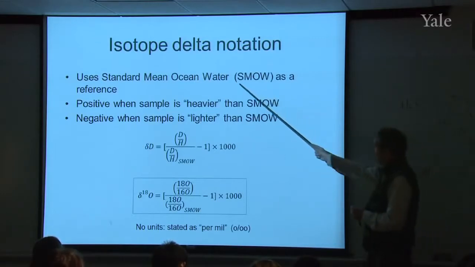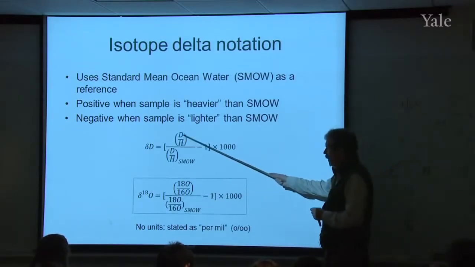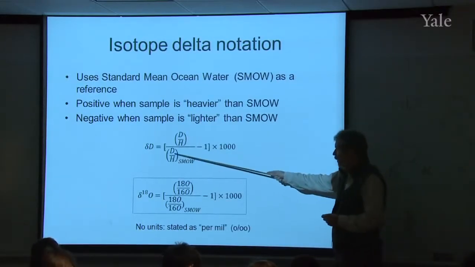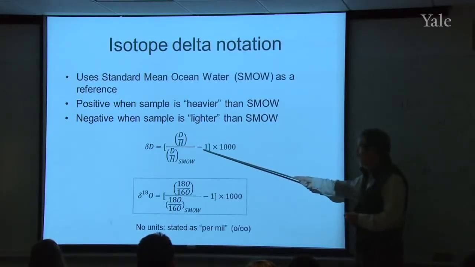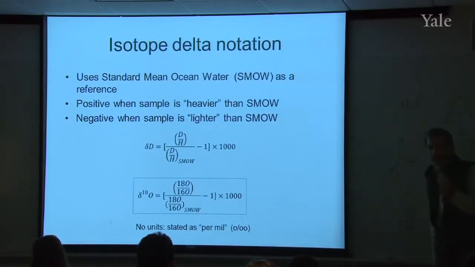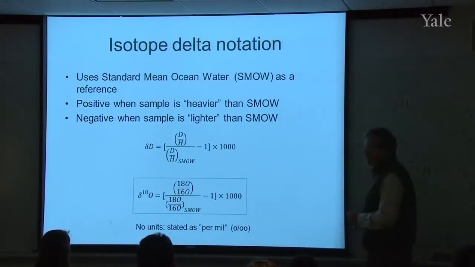The abbreviation for that is SMOW, standard mean ocean water. Then you measure the D to H ratio in the sample of interest, divide it by the D to H ratio in your reference liquid, SMOW, subtract 1, multiply by 1,000, and that is the so-called delta D value. If it's deuterium, it's delta D. If you do the same thing with oxygen, it's the delta O18 value. And that's what we'll be tracking.